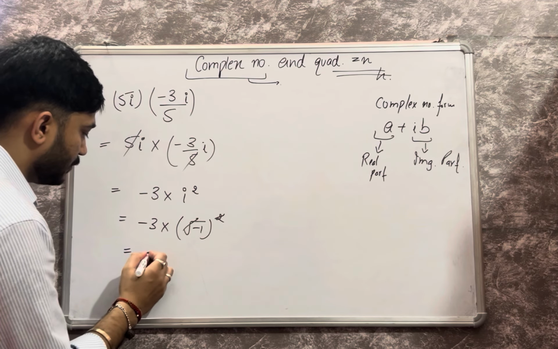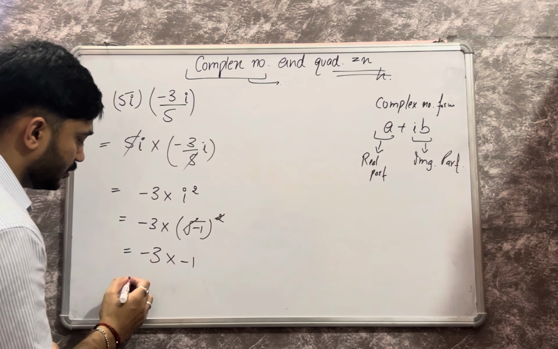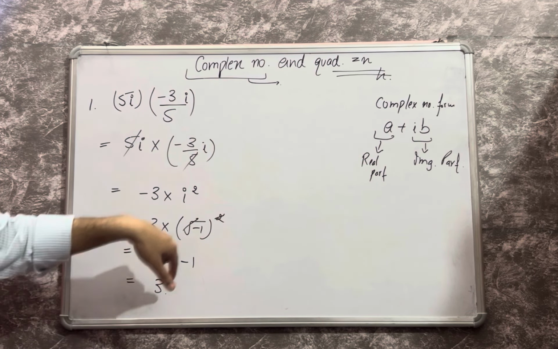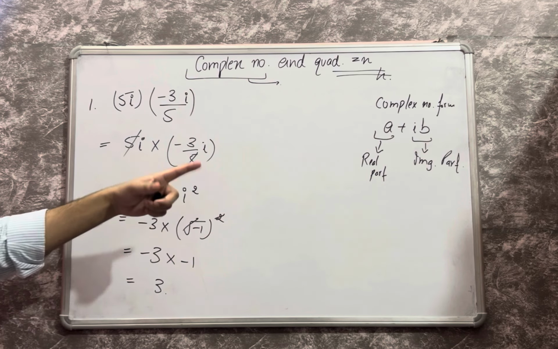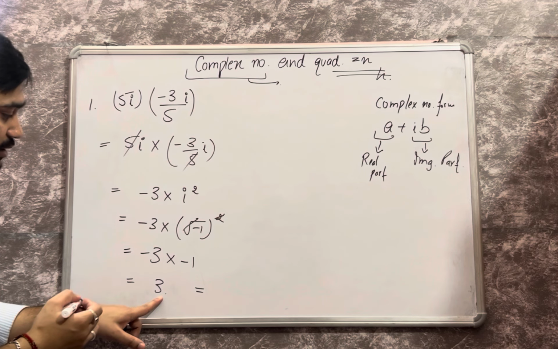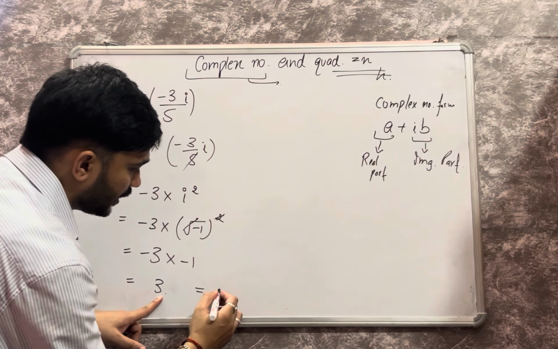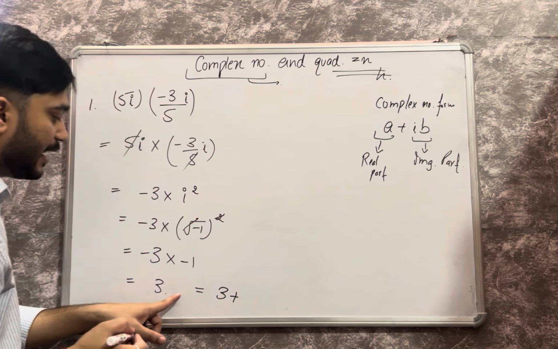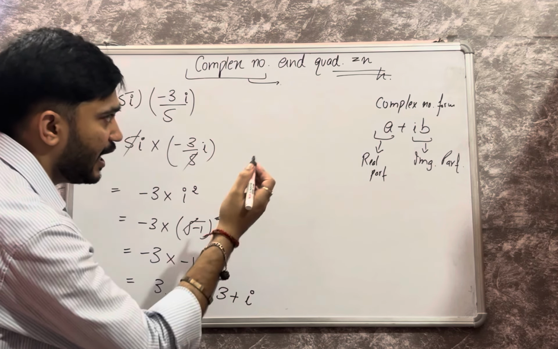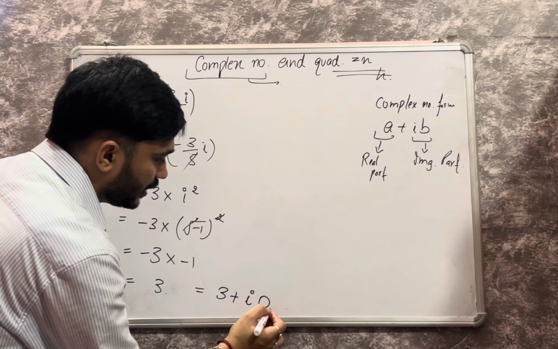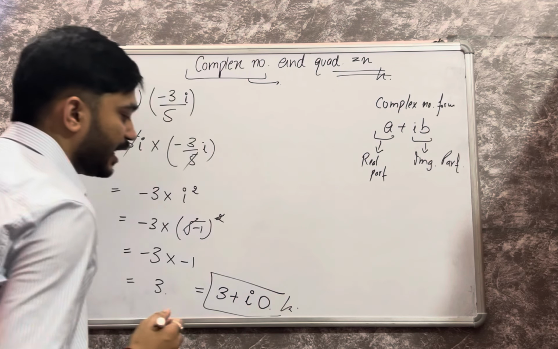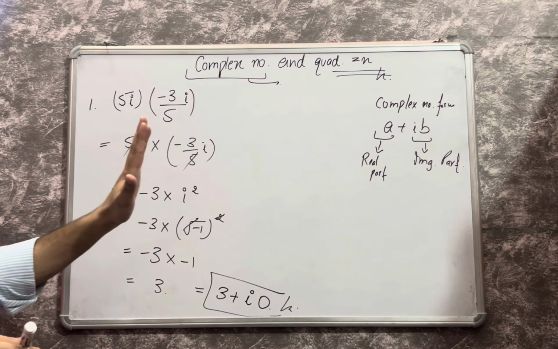So we will get minus 3 into minus 1 and the answer will be 3. Now we are going to represent it in the form of a complex number. Since this answer is a real number, we write it as 3 plus iota times 0, because there is no imaginary part, and in the place of b we write 0. Thus we have written the answer in the form of a complex number.